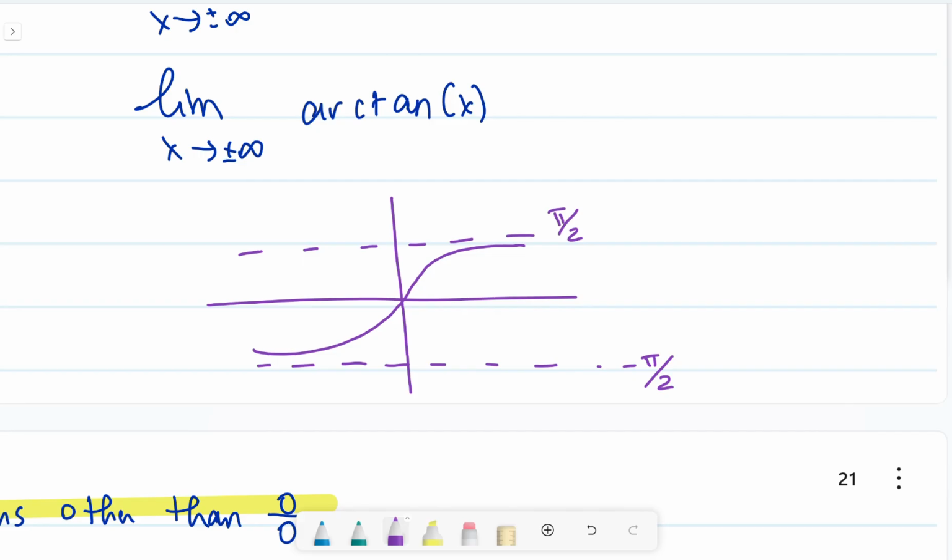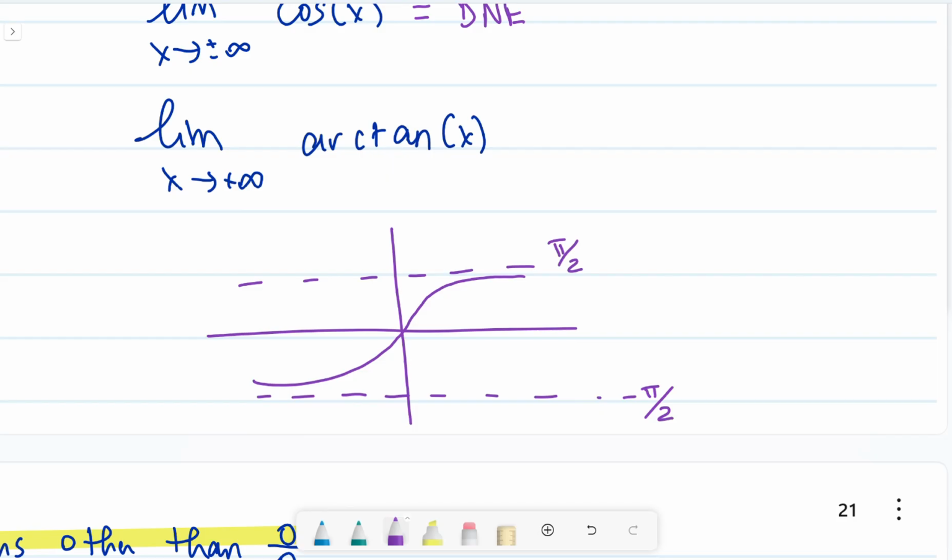Therefore, as x approaches positive infinity, the limit of arctan of x is pi over 2. As x approaches negative infinity, the limit of arctan of x is negative pi over 2.